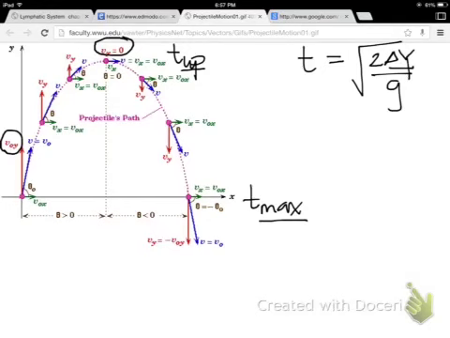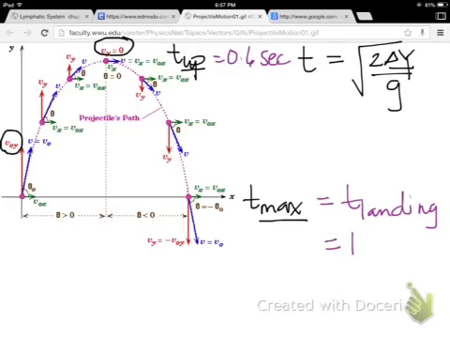So going back, this will give us a value of 0.62 or 0.6 seconds, and therefore we can now have our T maximum or T landing, which is just double the time from the start to the peak, because they are symmetrical and we assume that there's no air resistance. So the total time will be 1.2 seconds.